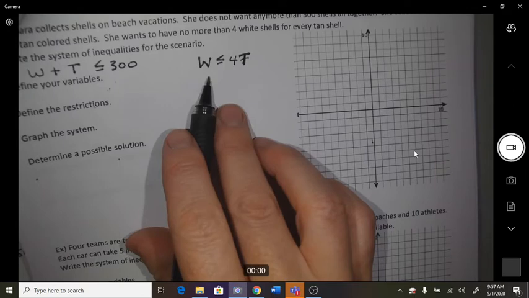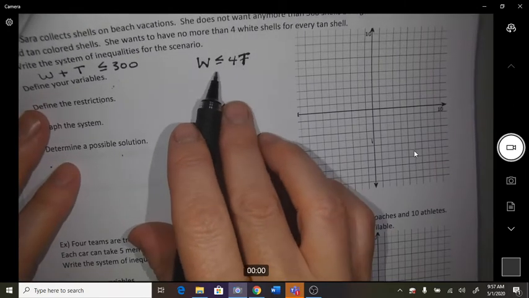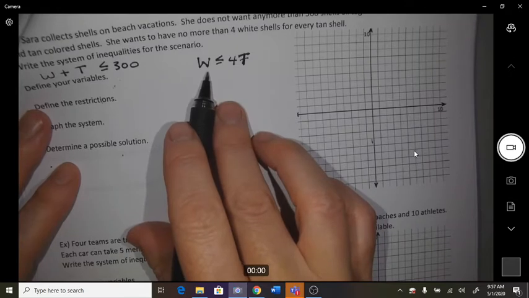Does that make sense? If you had 1 tan shell, you couldn't have more than 4.